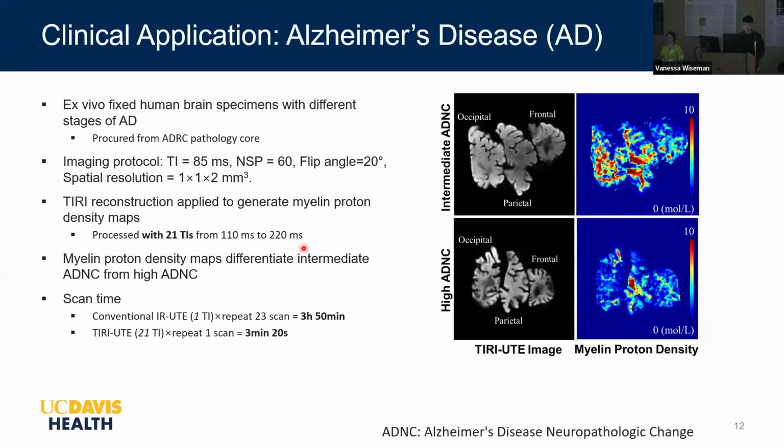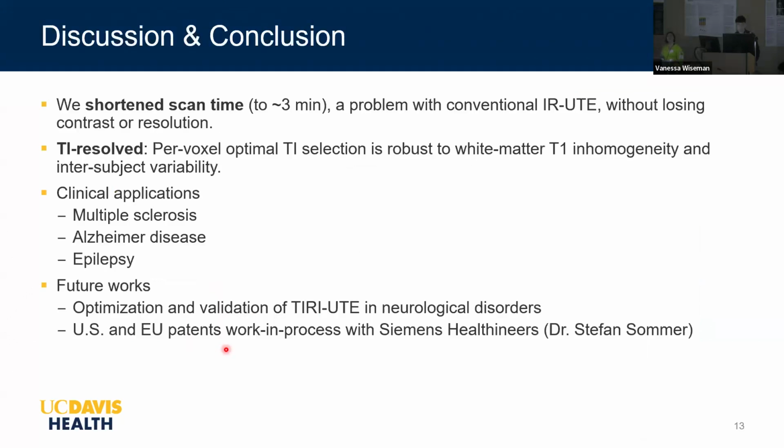For scan time comparison, conventional IR-UTE uses 1 TI, so we repeat the scan 23 times, which takes 3 hours 50 minutes, but TIRI-UTE is just one scan, which takes 3 minutes 20 seconds. So in this study, we shortened the scan time of IR-UTE without losing contrast or resolution.